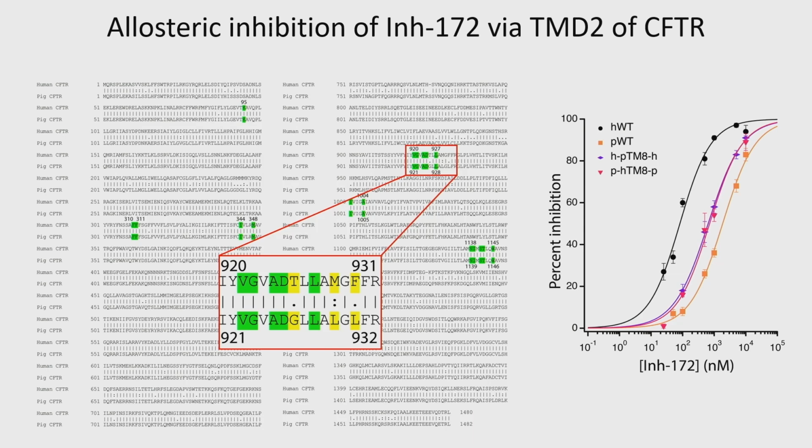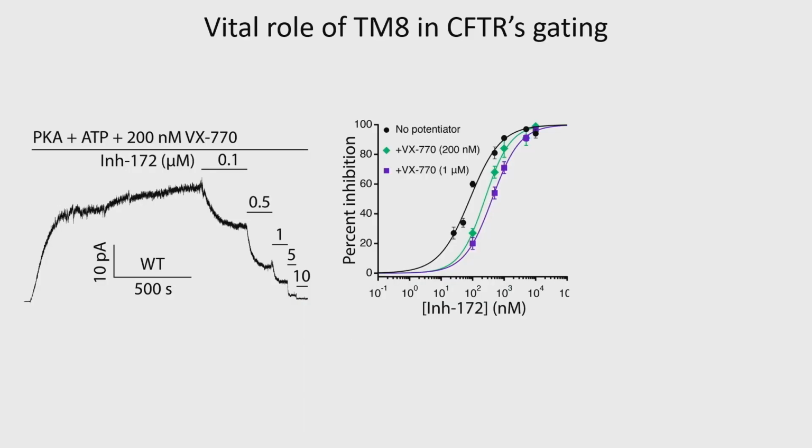So this made us wonder how binding of those potentiators would affect the action of inhibitor 172. We did the inhibition experiment in the presence of VX770, and we found that the IC50 curves shifted to the right, which means the potency of the inhibitor is impaired.